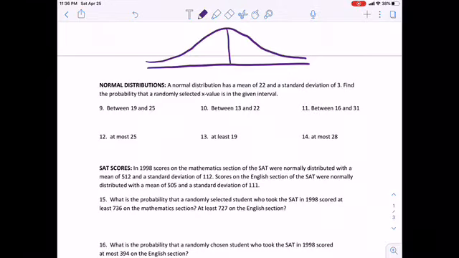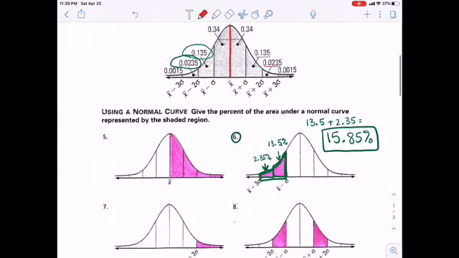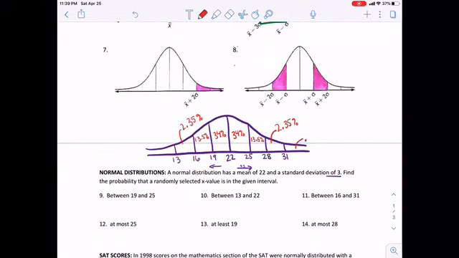The next percentage is 0.0235, or in other words, 2.35%. And then, last but not least, here in the little tail, I have 0.0015, or in other words, 0.15%.